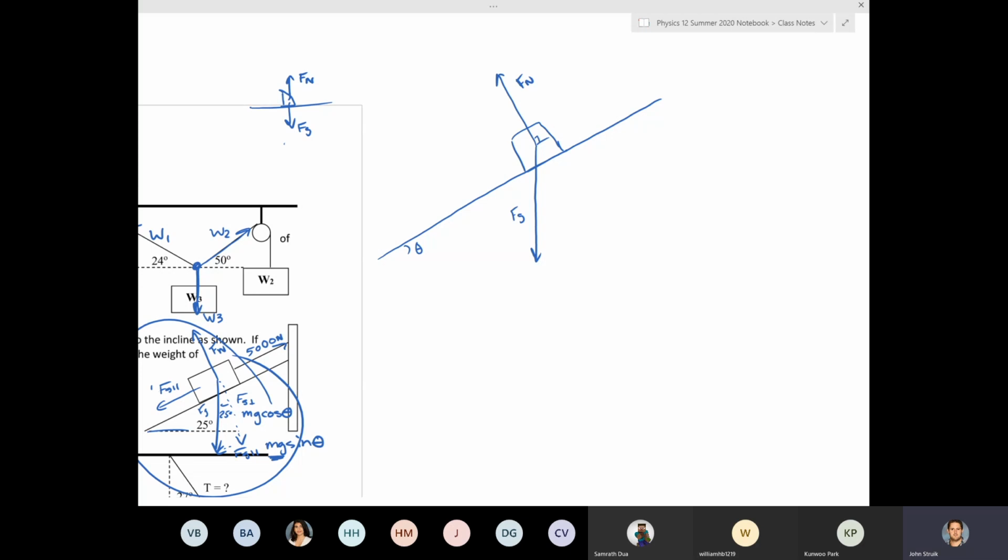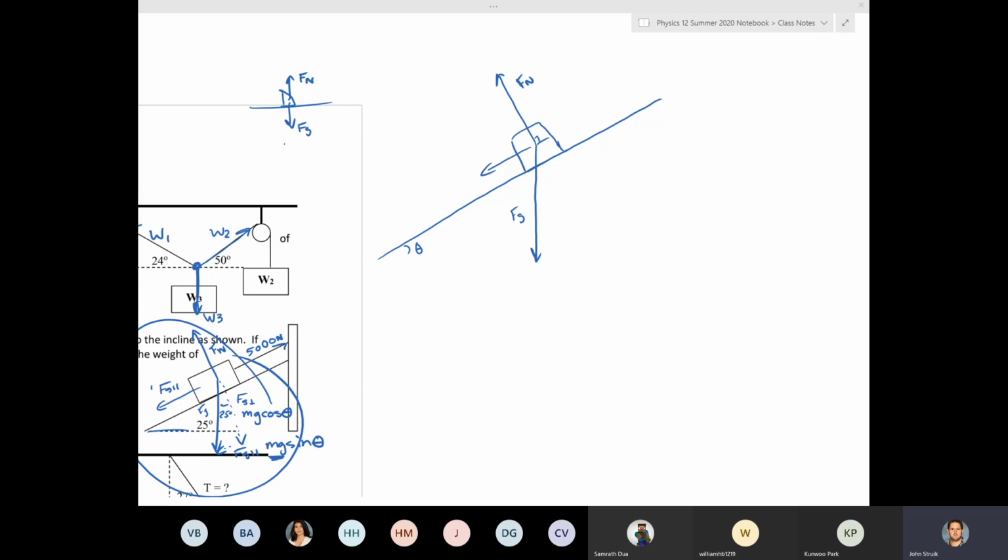So that part, you have to imagine that if you put a block on a ramp like this, it's going to start accelerating downwards, assuming that that force is bigger than friction and the incline is enough. Now it's gravity that pulls it down, but it's not going to be all of gravity. It's not going to accelerate at 9.8 as if you were to drop something straight down. It's going to be a part of gravity.